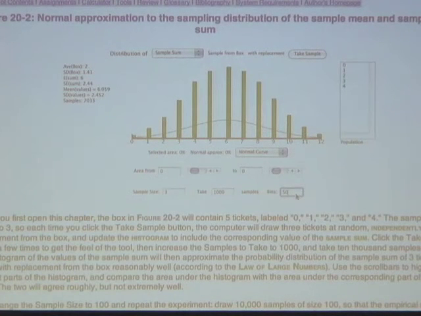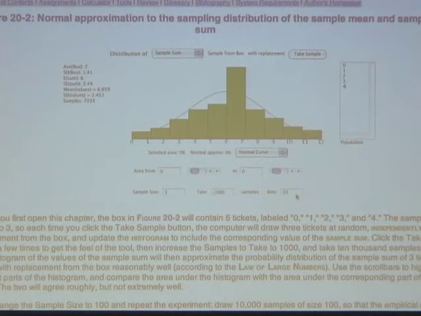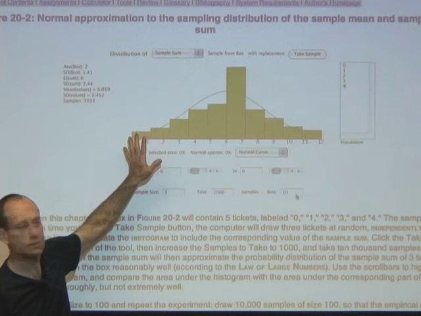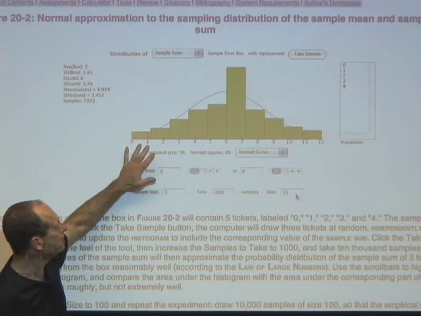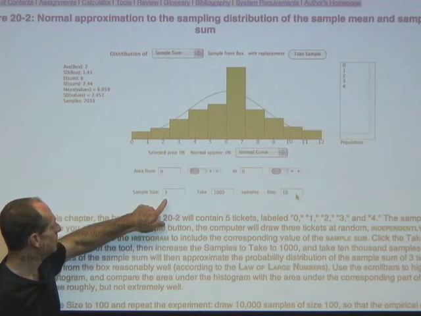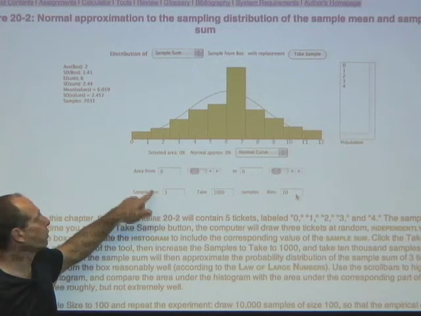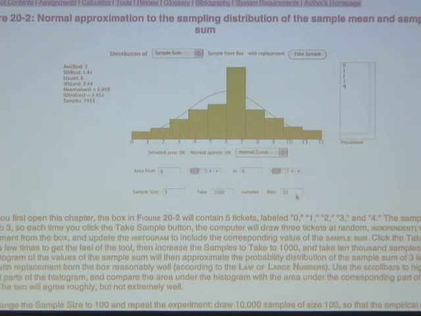But if we make this histogram a little bit cruder, then it starts to look like a better approximation. Yes? Okay. It's not going to be a great approximation because the sample size is small. If we increase the sample size, we're going to find that the curve does a better job of fitting the probability histogram.